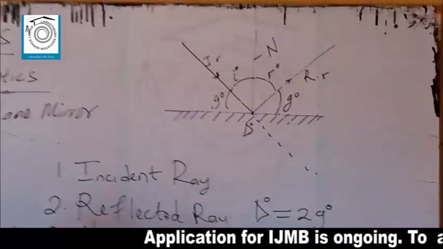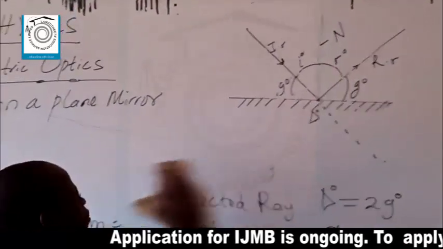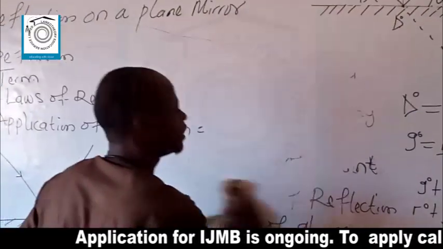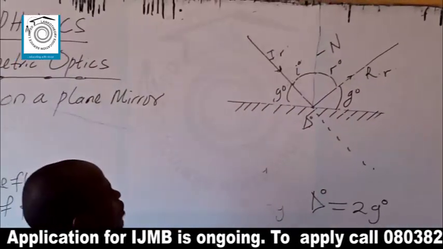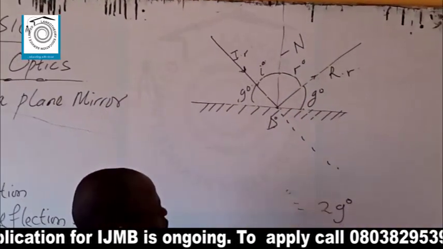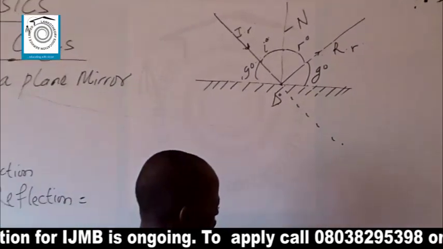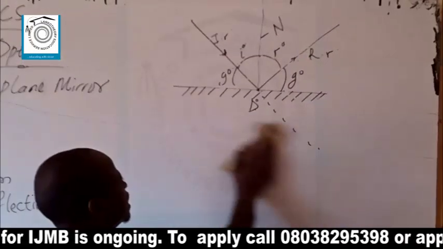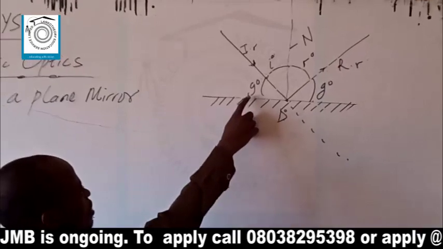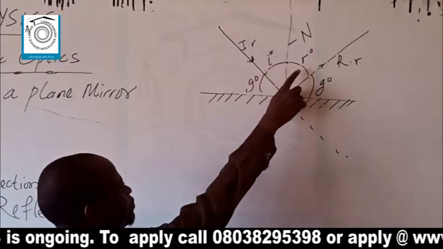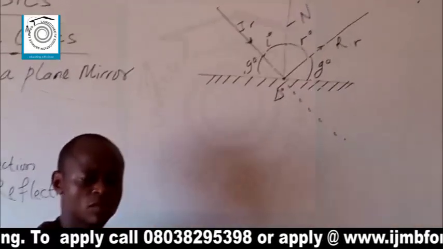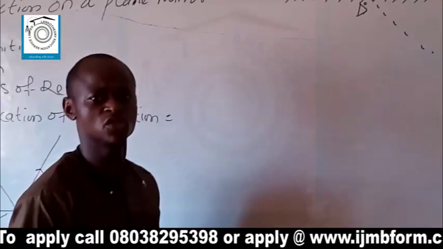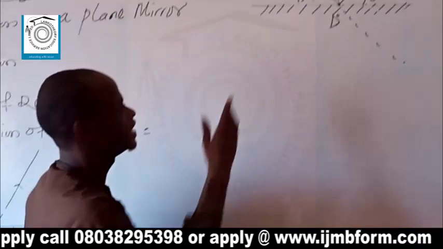So if you consider the diagram above, you will observe that we have the incident ray, the reflected ray, the normal, the angle of incidence, the angle of reflection, the angle of glance and the angle of deviation. One thing you have to consider in this diagram is that the glance angle, the incident angle, the reflection angle and the glance angle are on a straight line, and the sum of angles on a straight line is always equal to 180 degrees.